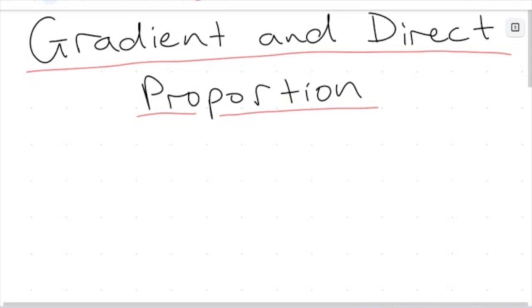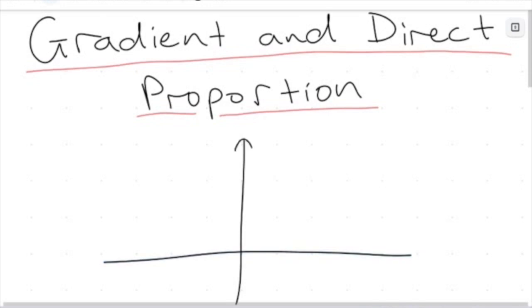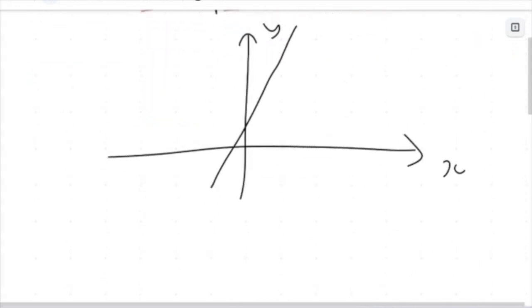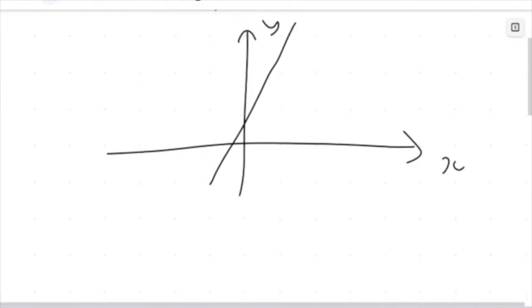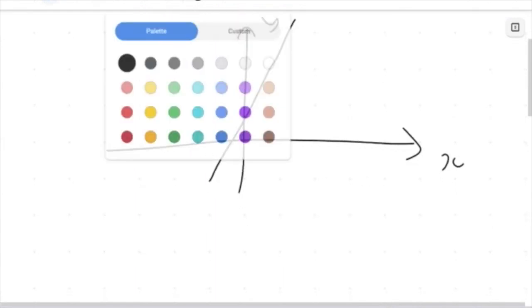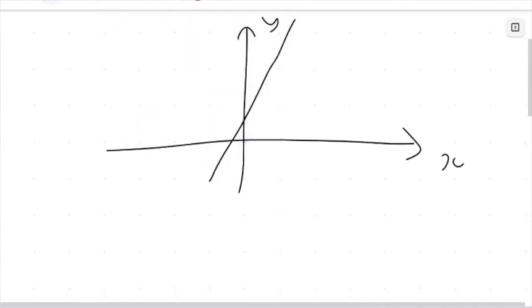Well, hopefully you may think back to any time we've drawn some linear relationship. When I, for example, have something like this. What linear relationships told us was that there was always a constant gradient for these particular things.